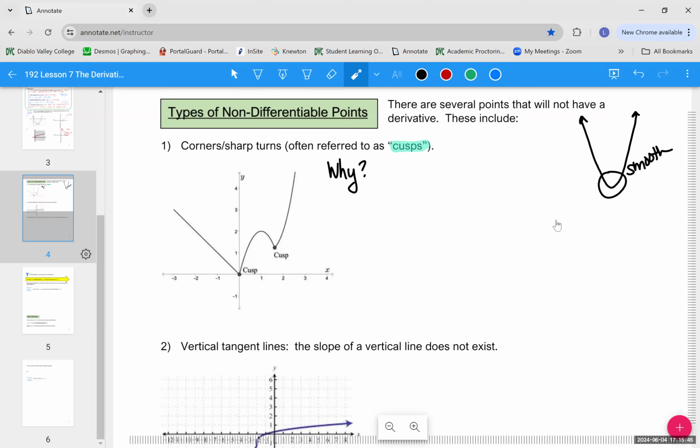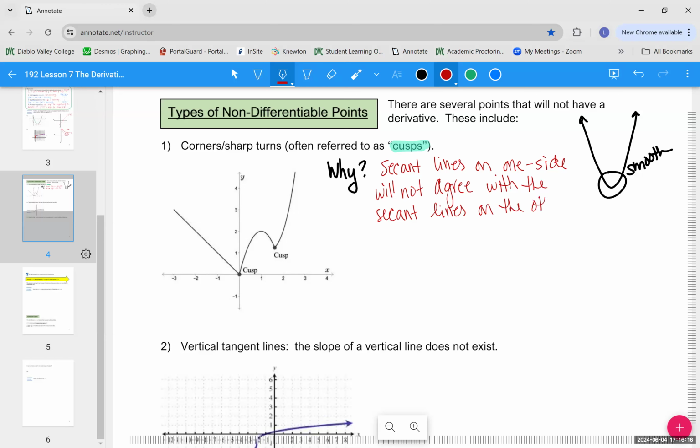So the answer for why are these things not differentiable is that the secant lines on one side will not agree with the secant lines on the other side.